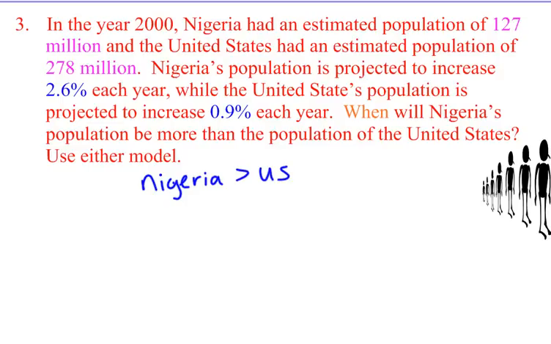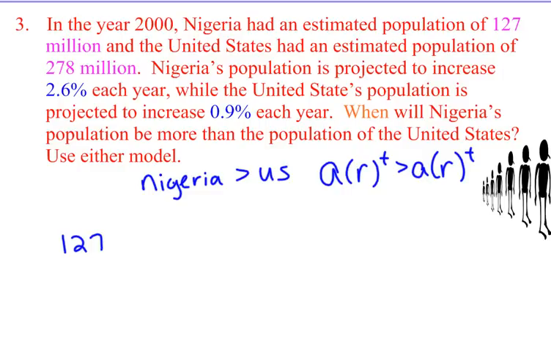So when I set this up, I'm going to say their AR to the T is bigger than our AR to the T. So what we know for each of them is Nigeria had an initial population of 127 million. So I'm going to say that's their A, 127, and I'm going to just realize that I'm talking in millions. I'm going to write 127, and then I'll answer in millions when I'm done. And as long as they're all in millions, I'm fine.